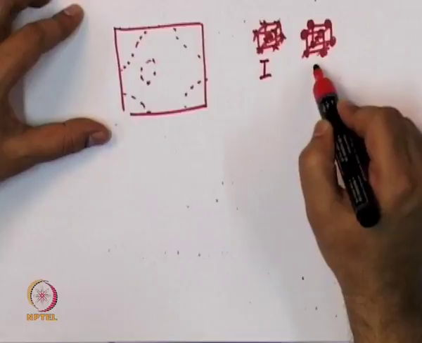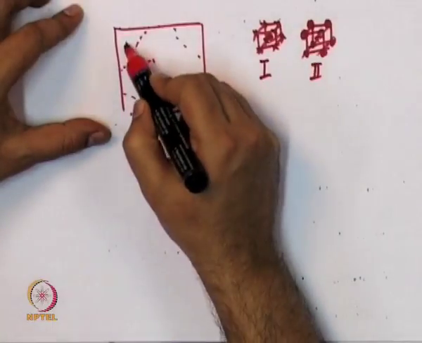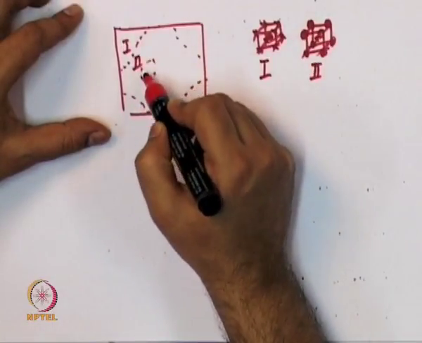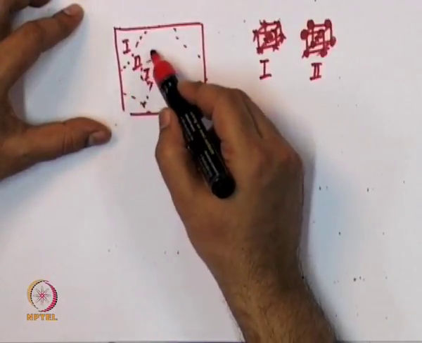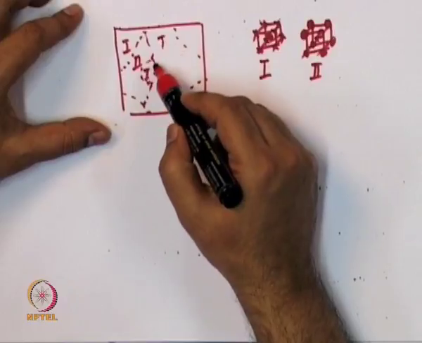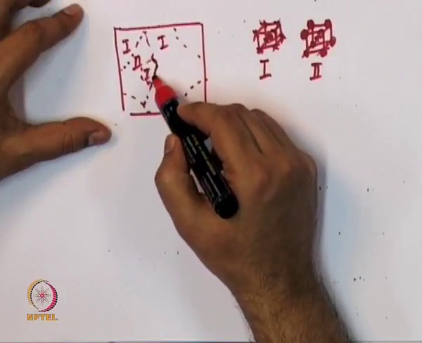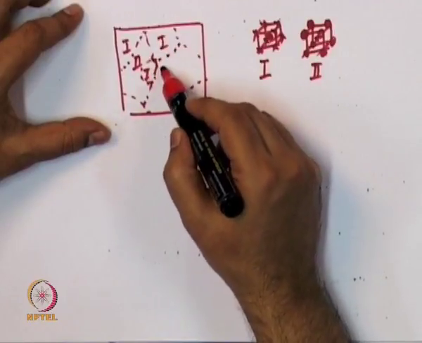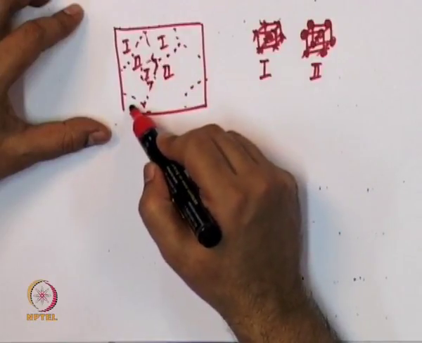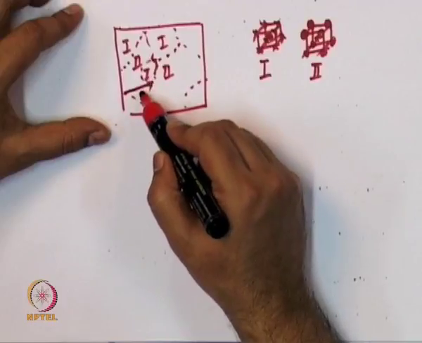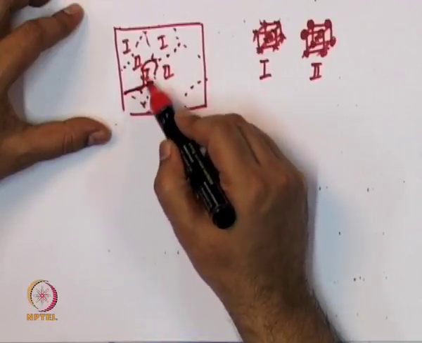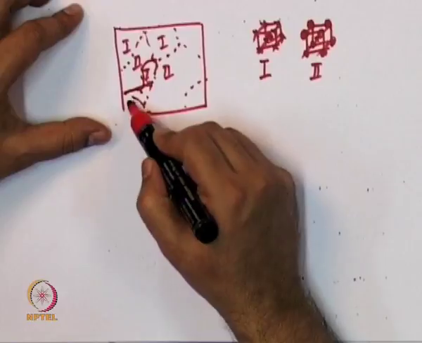So, let us call this 1 and this 2. So, basically we have 1, 2, 1 maybe something like this. So, this is all 2 and this is 1, and there is some region 2 here and this is 1, and this is 2 and so on.